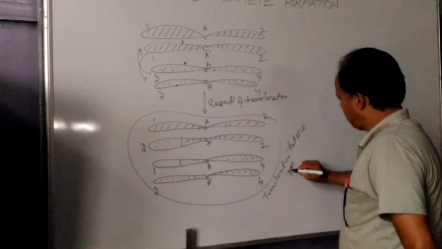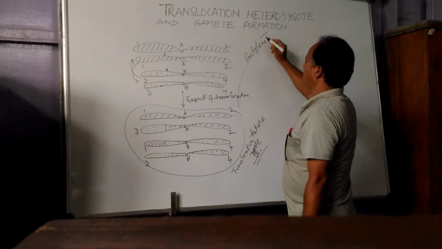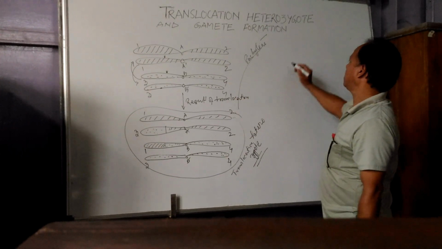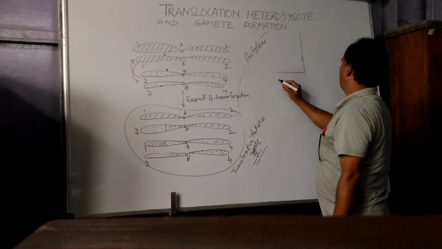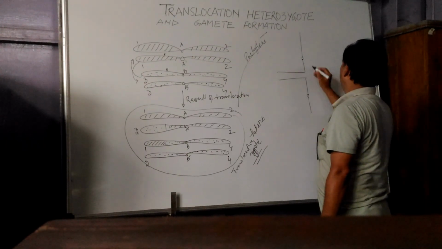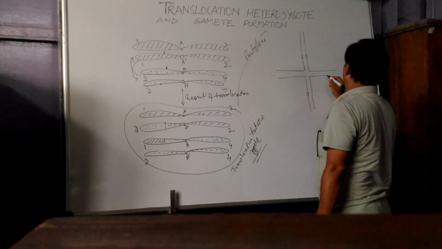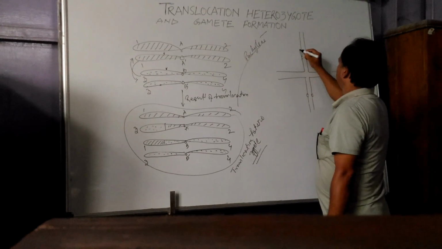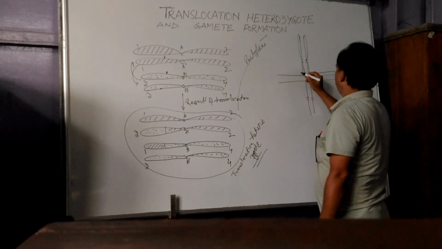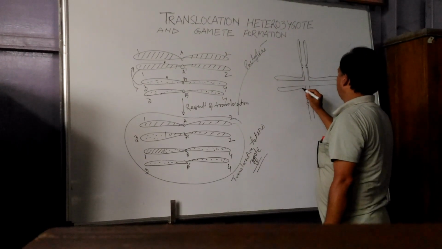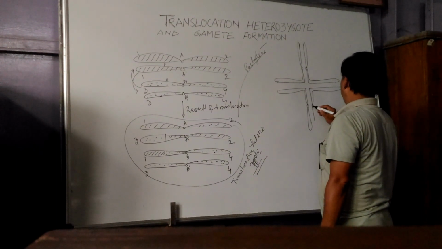And they will form the peculiar plus-like structure in pachytene configuration, where 4 chromosomes are involved. This is the structure.